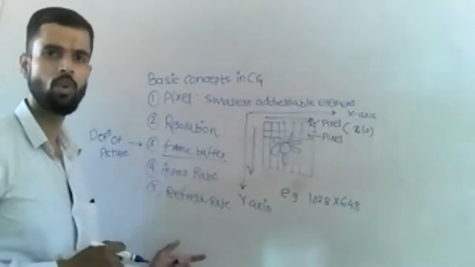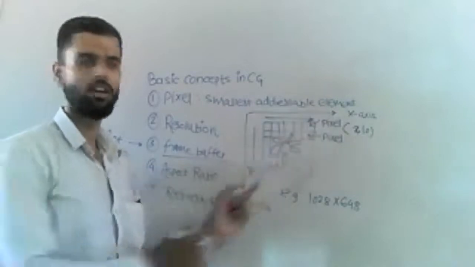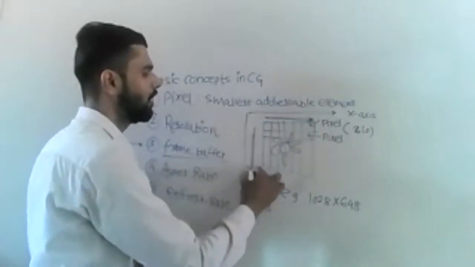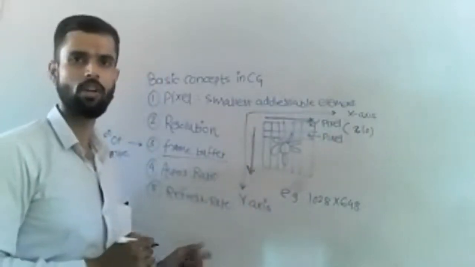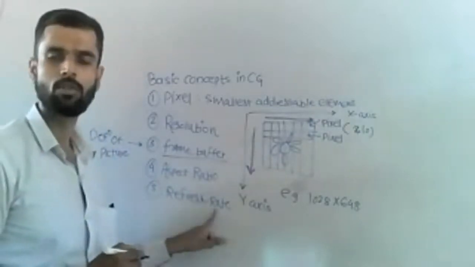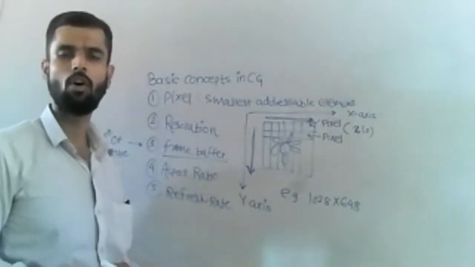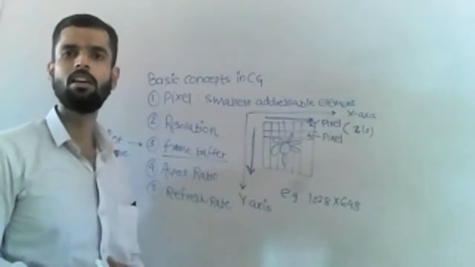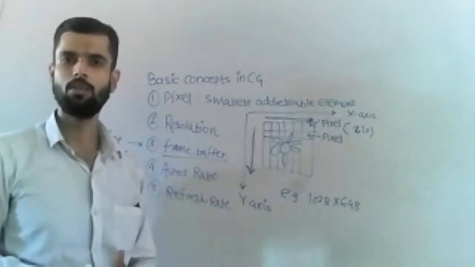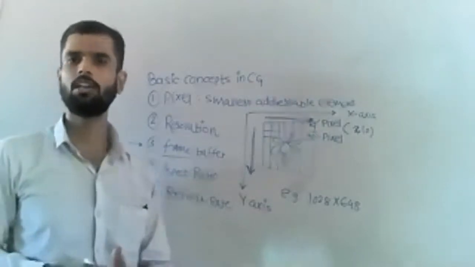The next concept is aspect ratio. Aspect ratio means the number of pixels present on the horizontal and vertical side. Then refresh rate, which is an important concept. In the next video, I am going to explain the working of the traditional display system, which used a CRT, cathode ray tube.